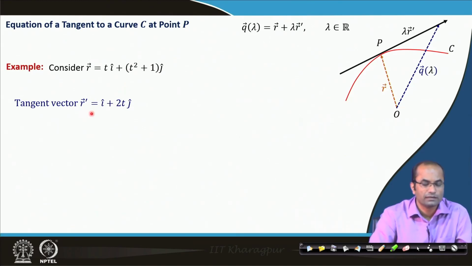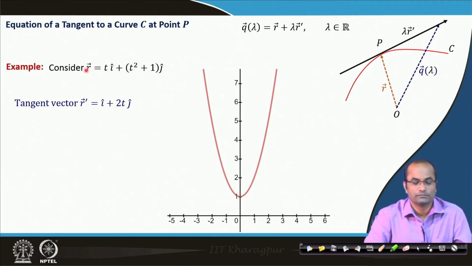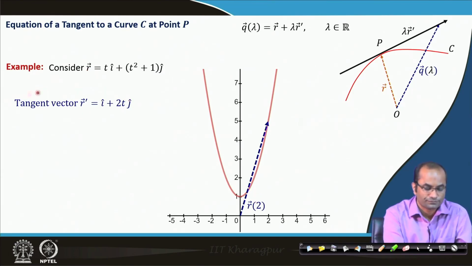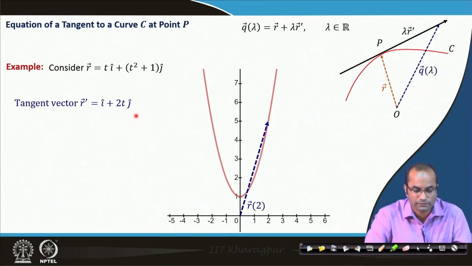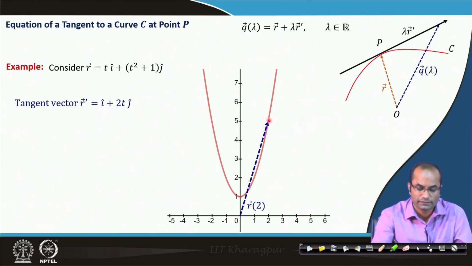So we have r prime equal to i plus 2t j. If we plot this, it is the parabola given by the vector r, and we want the tangent vector, or the equation of the tangent line, at the point t equal to 2.